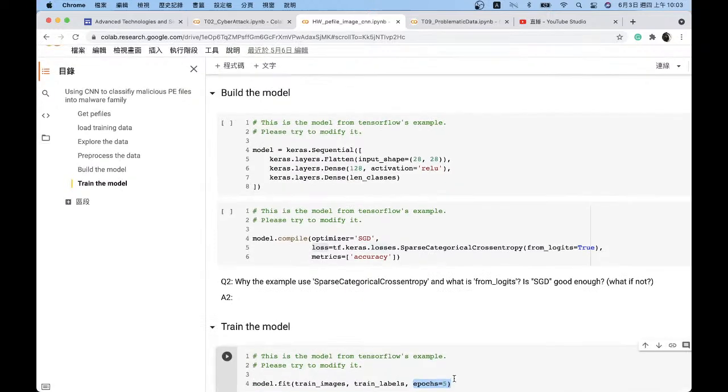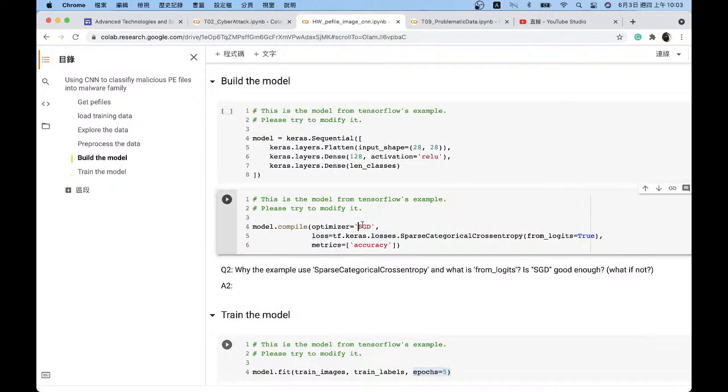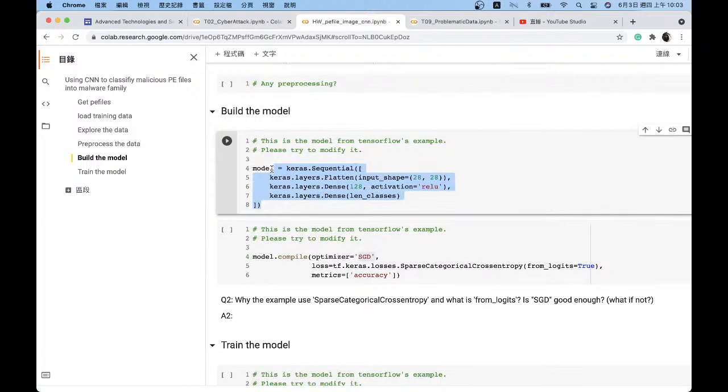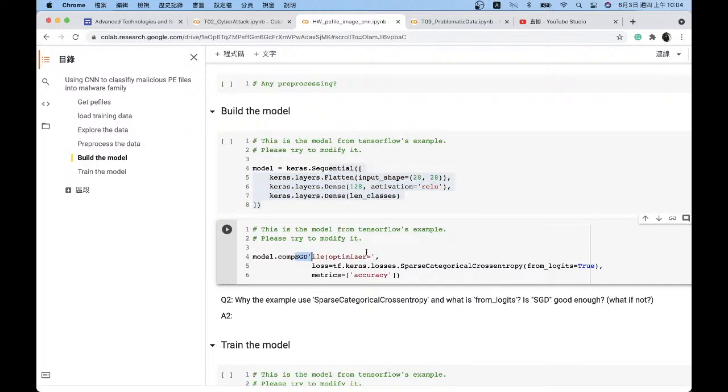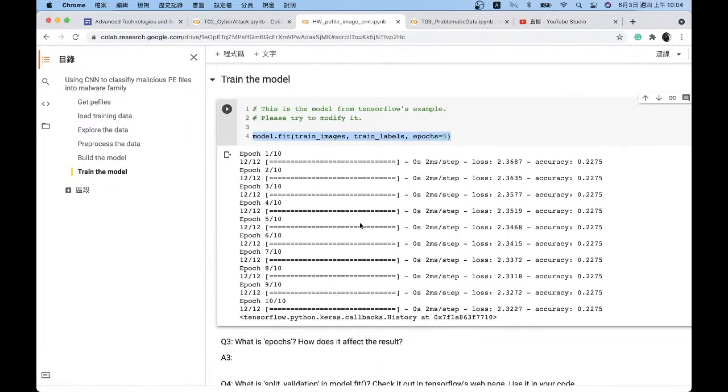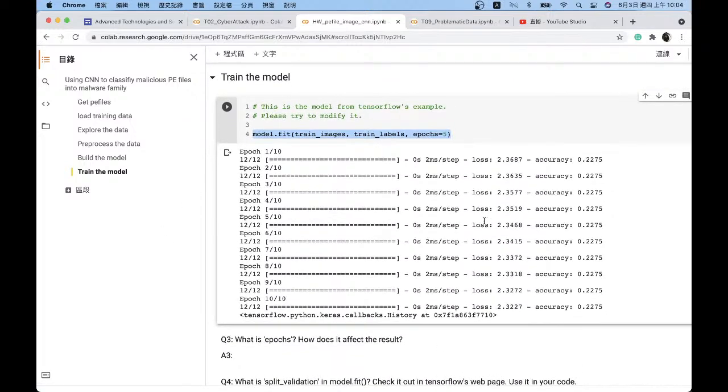It should be larger than 5. SGD is not good, and the sequential stack is not good. If you change them to a convolutional neural network, change the optimizer, and change the number of epochs you use for training, I think the accuracy should be higher than 80%, or even 85, even 90%.